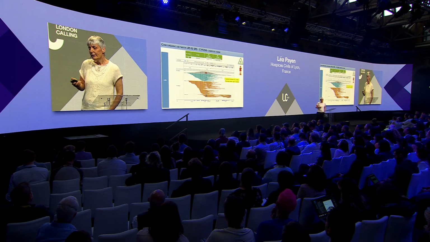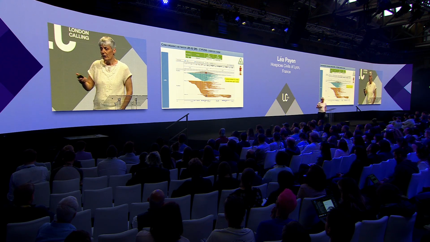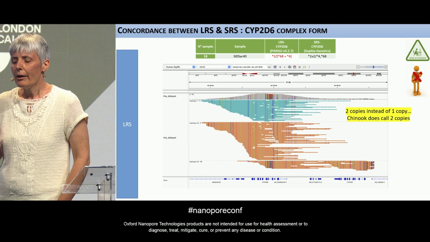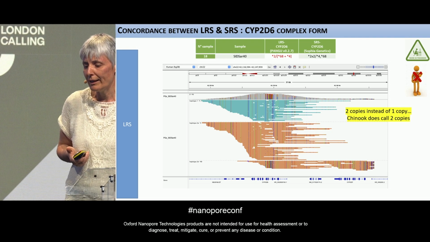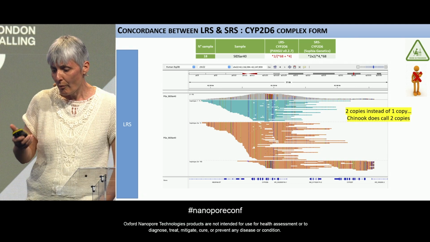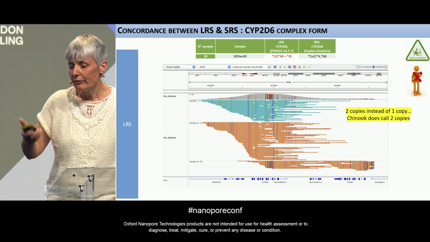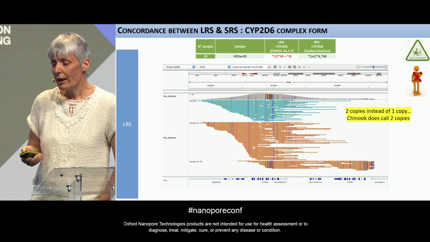So, using a Pangu tool, but better with Chinook tool, we will be, in the future, able to differentiate these different copies and to identify also the exact position of the conversion site we have in the hybrid. It's a real improvement.